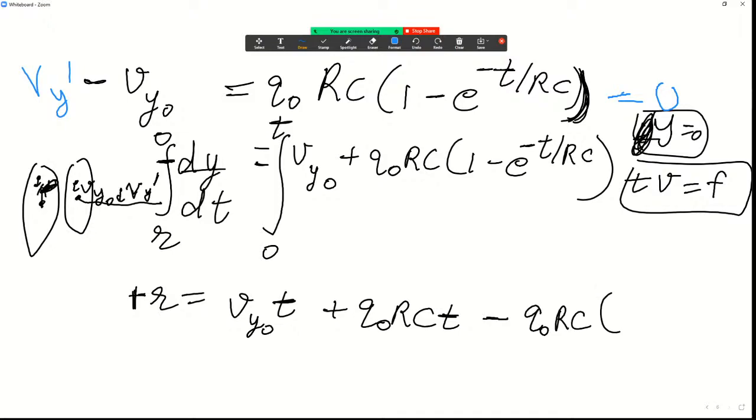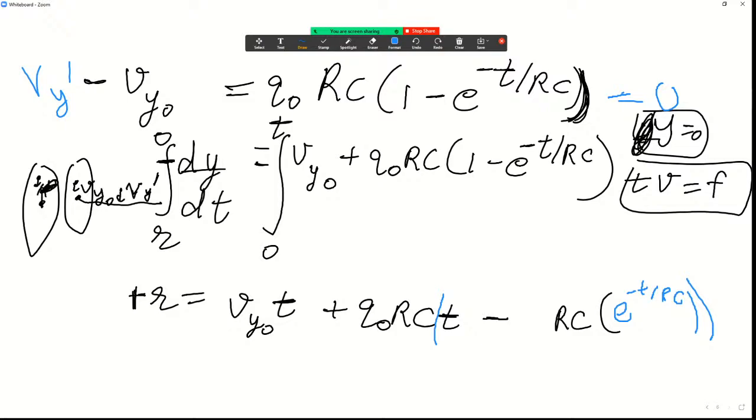Can you write it down? Integral. So yeah, that should be right.